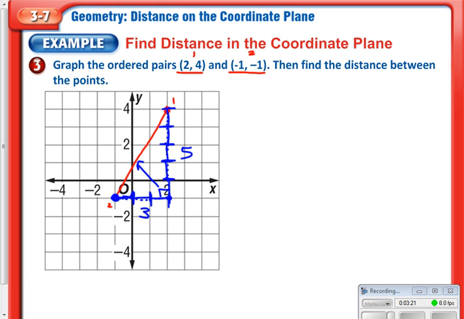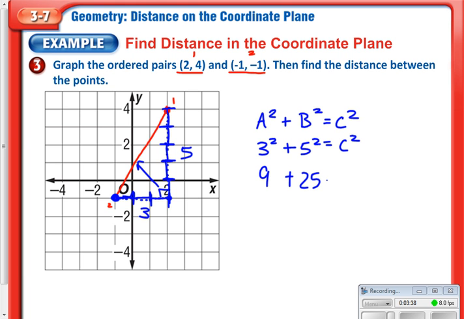So we use our Pythagorean theorem, a squared plus b squared equals c squared. C is the unknown. Plug in for a and b. Well, we have 3 squared and 5 squared, giving us 9 and 25 equals c squared. We wind up with 34 equals c squared.